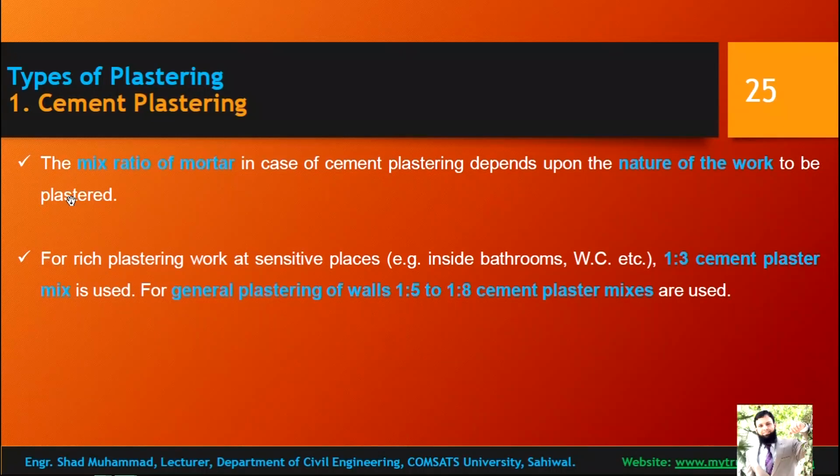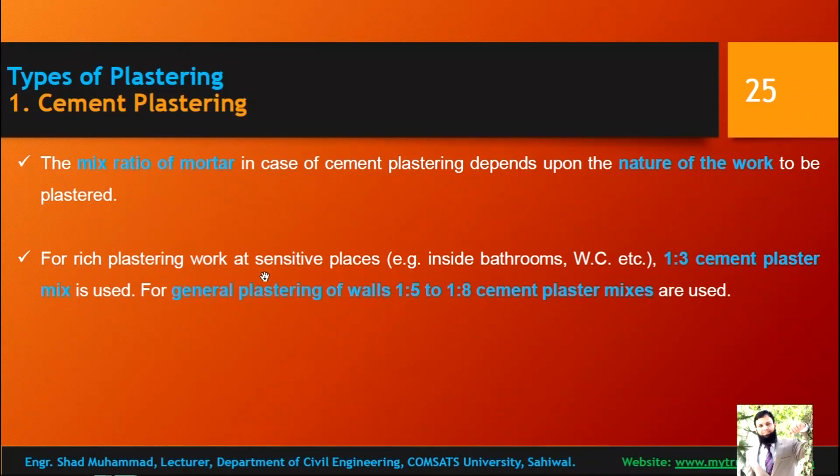If you need richer mix, then the quantity of the ratio of cement needs to be increased. If you need a coarser type of finish, then coarser sand should be used, and if you need finer, then fine sand should be used. And if you need a weaker mortar, then low quantity of cement needs to be used.